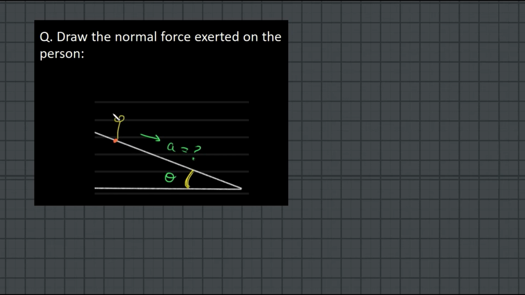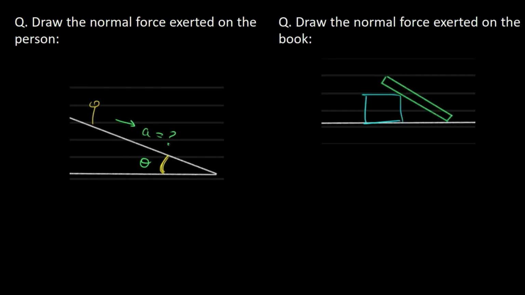Look at what set of objects are in touch. So this person is in touch with this. And this surface will push the person upward in this manner. As you can see, it is making an angle of 90 degrees with this surface. So this is your normal force. And then we have a few more examples over here.